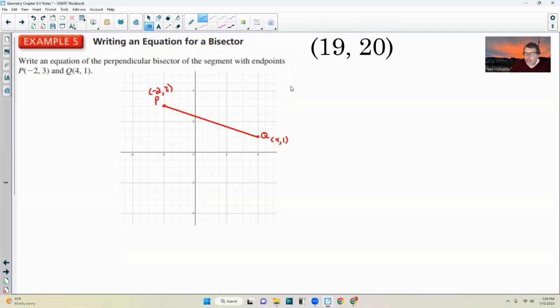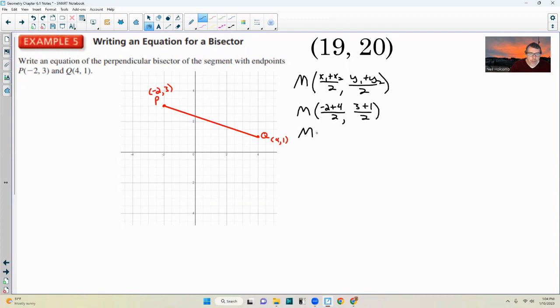So the midpoint is going to be, we just use parentheses here. The midpoint would be (x sub 1 plus x sub 2 divided by 2, comma, y sub 1 plus y sub 2 divided by 2). So write a formula, substitute the givens. X1 is -2 plus x sub 2 is 4 over 2, comma, y sub 1 is 3 plus 1 divided by 2.